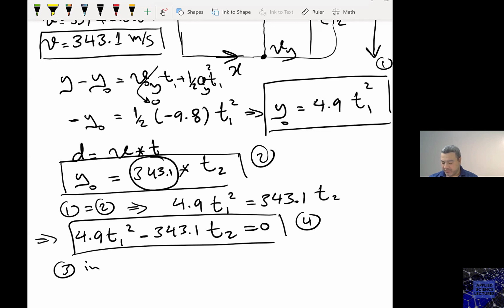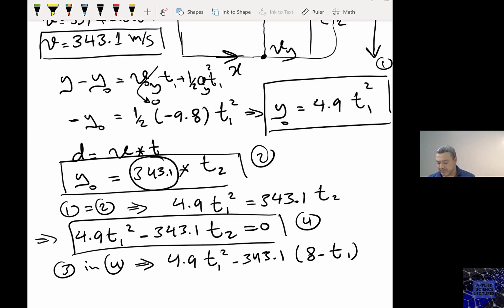Substituting 3 into 4 will give me 4.9 T1 squared minus 343.1 times (8 minus T1) equals 0.